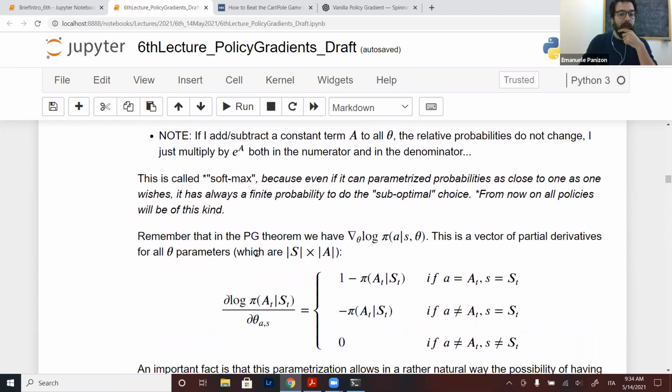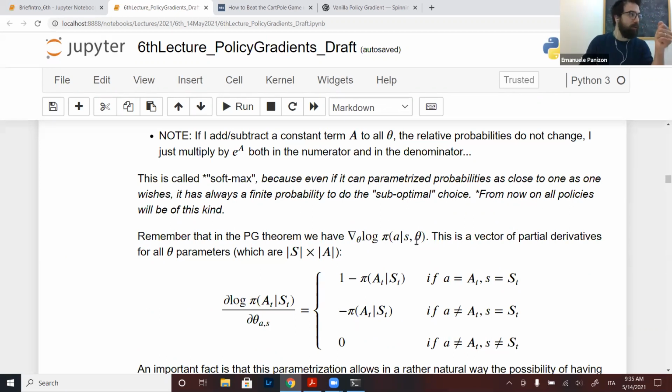If you remember, in the policy gradient, we had two terms. The first is the Q value, or the estimator of the Q value. The second one was this scary term, which was the gradient with respect to theta of the logarithm of the policy of the action given the state and theta.